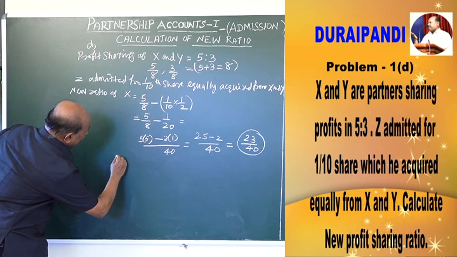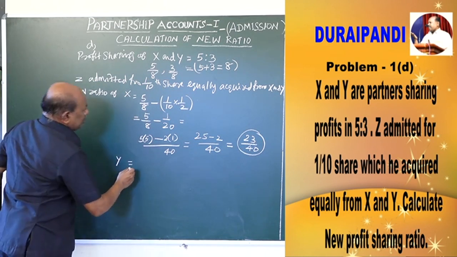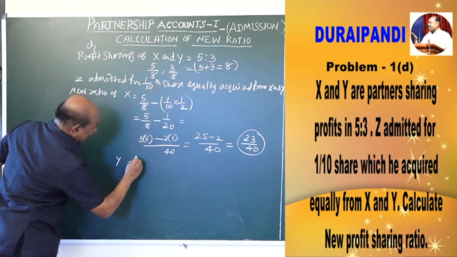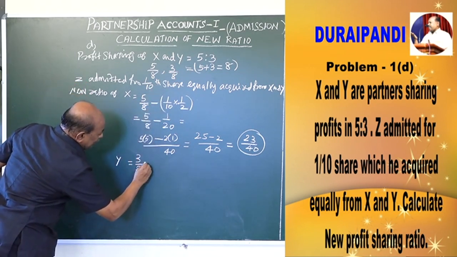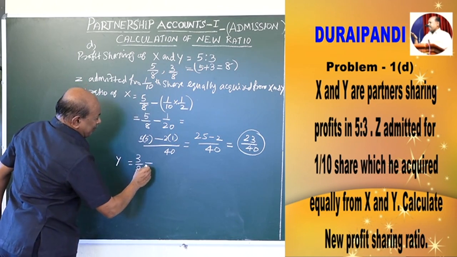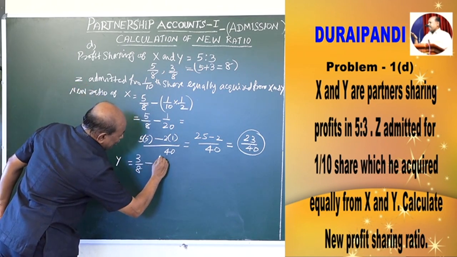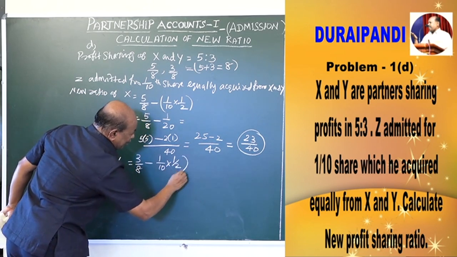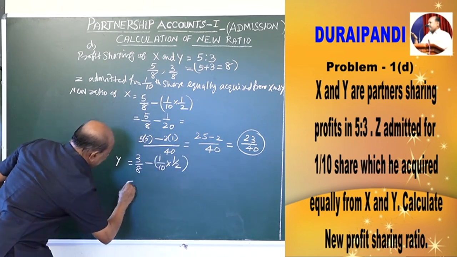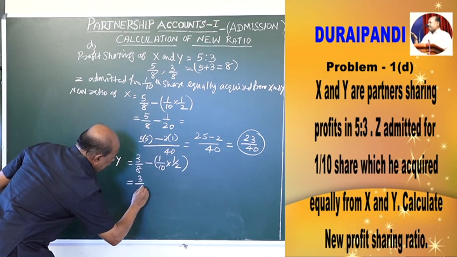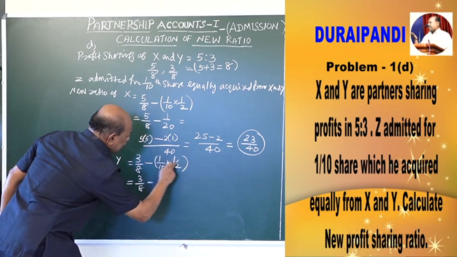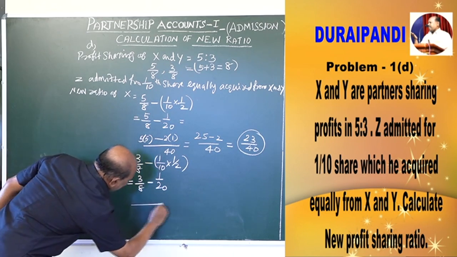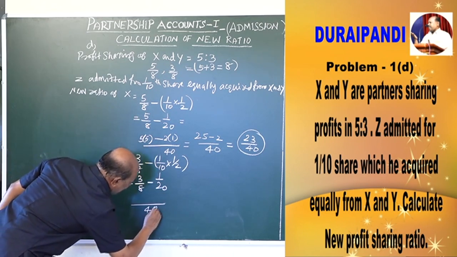Like that, Y equal to his share of profit 3 by 8. He sacrificed 1 by 10 into 1 by 2 equally. That is equal to 3 by 8 minus 1 by 20. Take LCM 40.